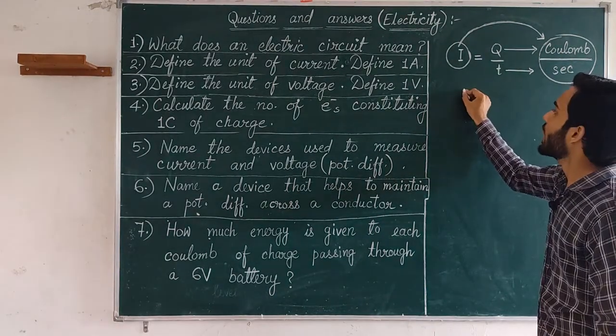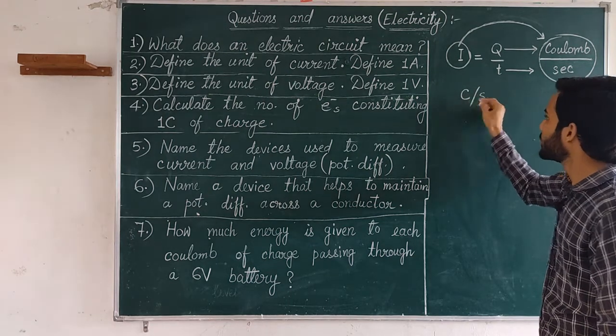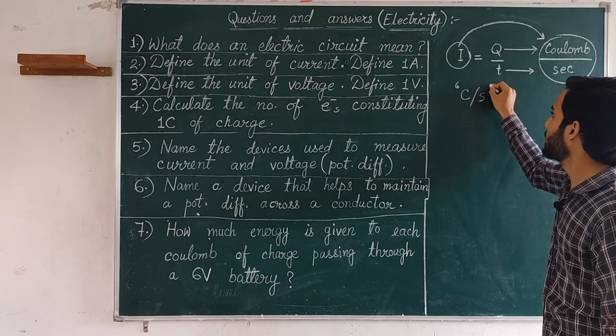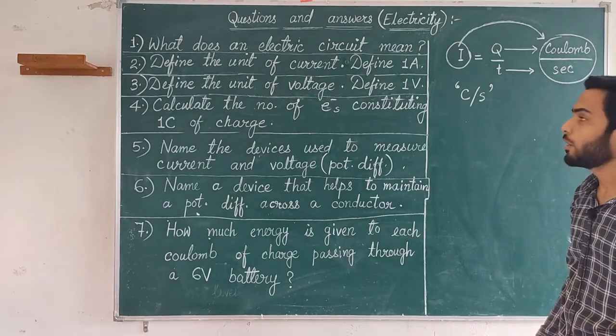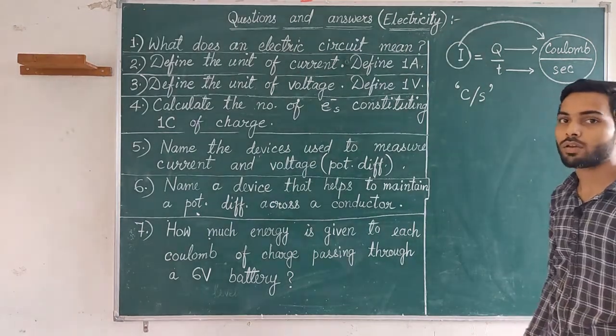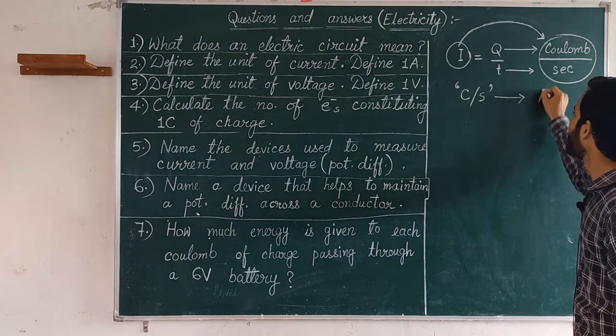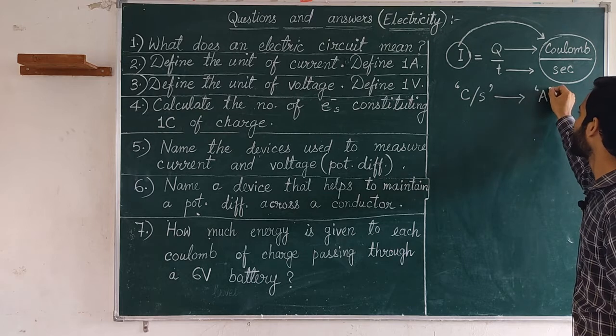Also we can write it in short form, C for coulomb and S for second. So this is the short form of the unit, and also there is a special name of it known as ampere. Coulomb per second is also known as ampere, A for ampere.